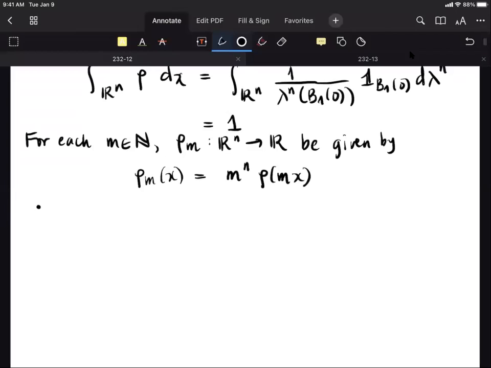Well, you can easily see that, let's say, if you integrate this, and then change variable, the variable x to y at this point, this is the same as the integral over R^n of m to the n rho of mx dy.